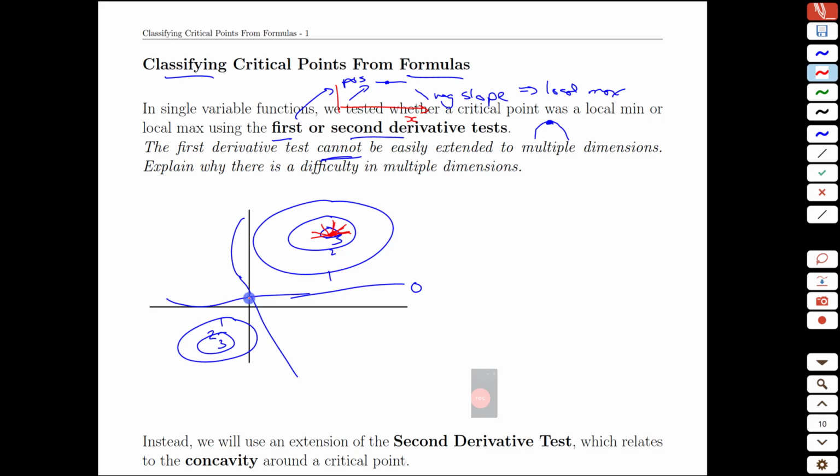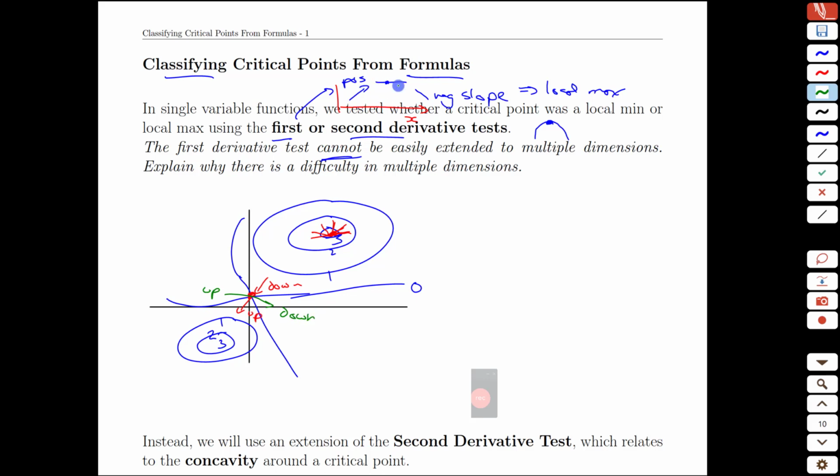Especially if we contrast that with a critical point like a saddle point, where as we come in from this direction, we'd be going downhill and then uphill. Whereas if we go in the other direction, we're going uphill, then downhill.